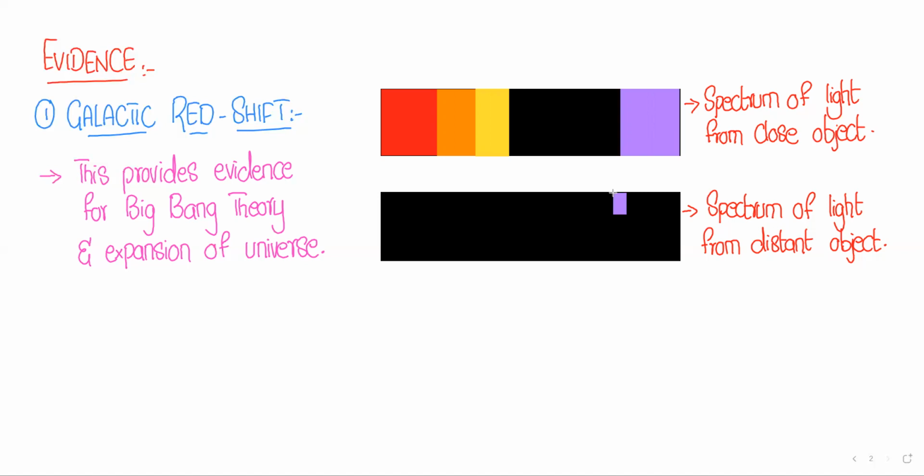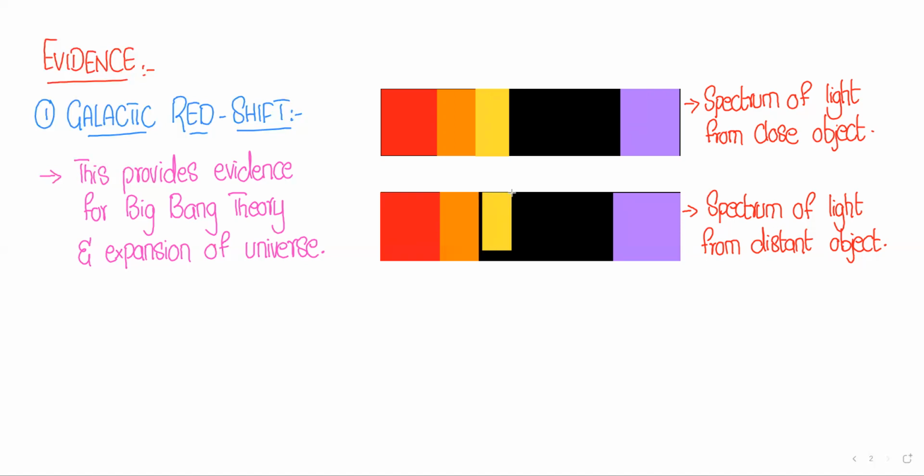And the same concept we consider for the second one: purple over here, red on the left, then orange, then yellow. This is the sequence of the rainbow colors. So we now have to divide the spectral lines on it, and the spectral lines are going to be like this over here.